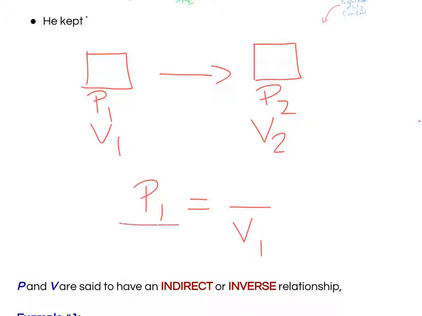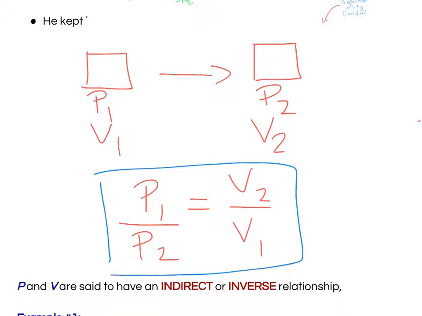In the same way, my final pressure and volume are going to be inversely proportional, so my P2 is going to be inversely proportional to my V2. What I've created is a formula that allows me to connect initial pressures and volumes to final pressures and volumes. That's our first of 3 equations in this section.